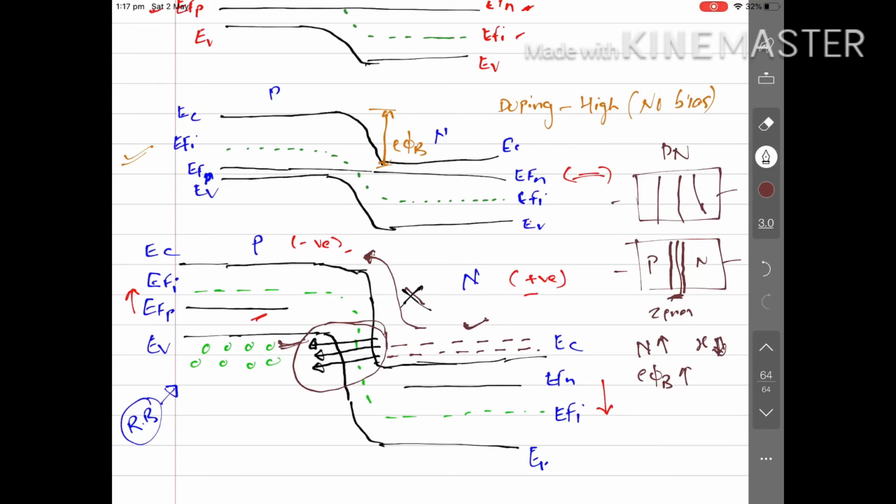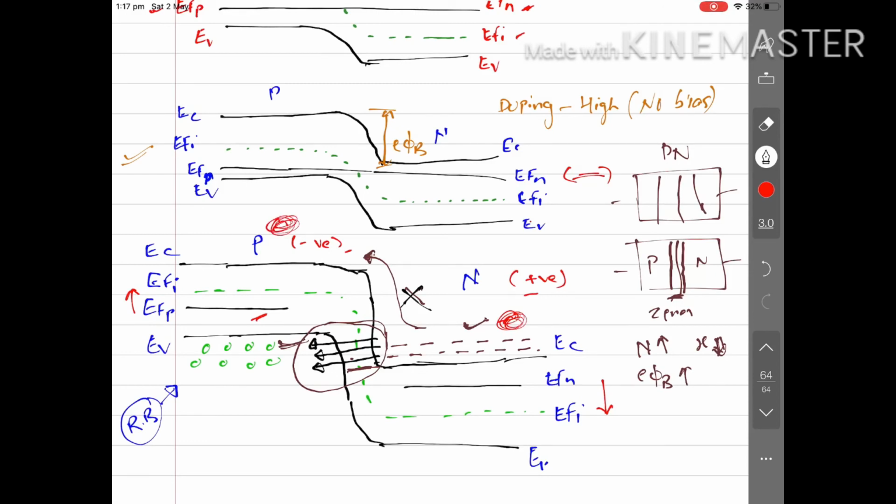As the height increases, the electron is not capable enough to move from the lower energy level to the higher energy level.